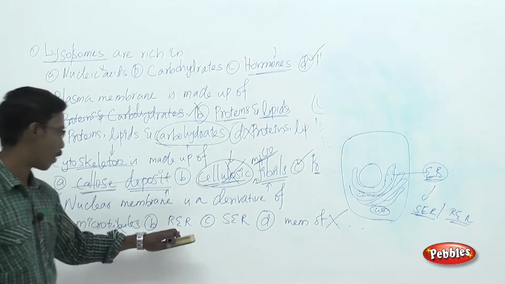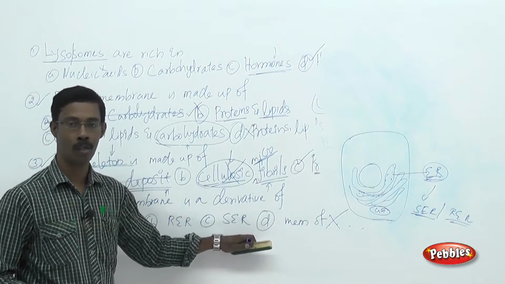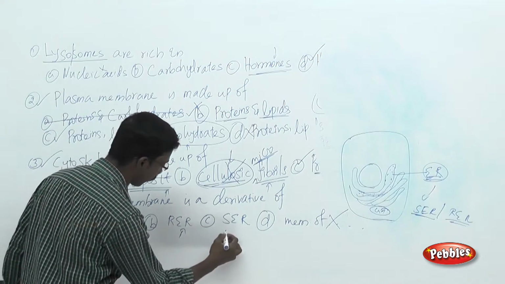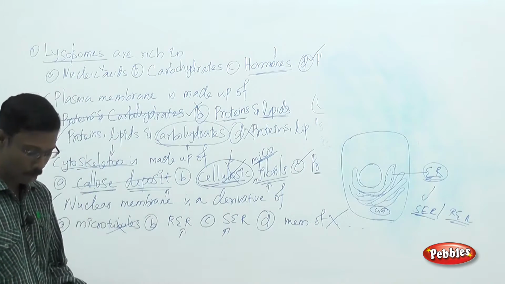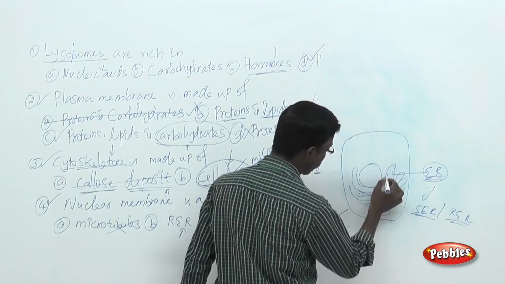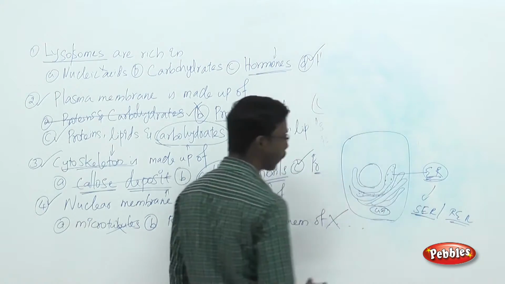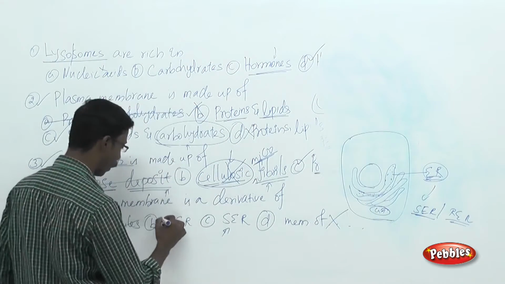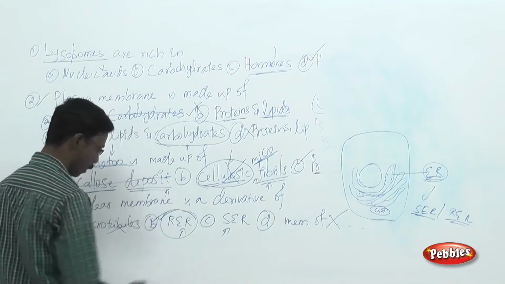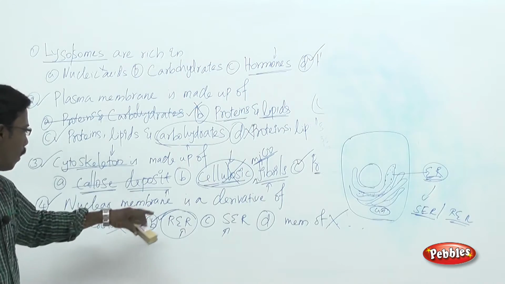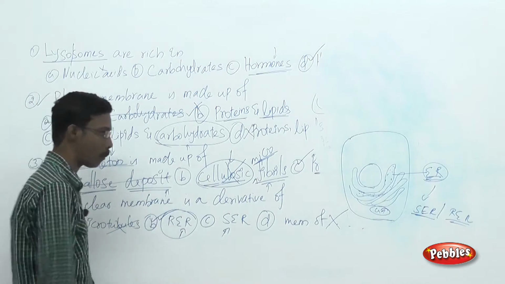It should be rough endoplasmic reticulum or smooth endoplasmic reticulum. How will you choose the correct answer from rough and smooth endoplasmic reticulum? Because the rough endoplasmic reticulum is present immediately outside the nuclear membrane, the answer should be rough endoplasmic reticulum. So you can eliminate all the remaining three answers as wrong and choose the correct answer, rough endoplasmic reticulum.